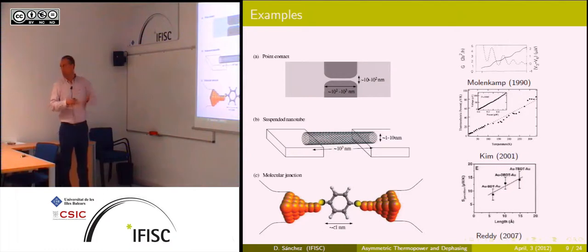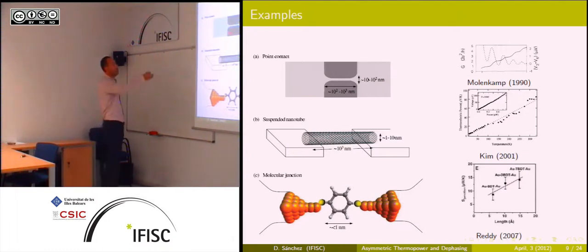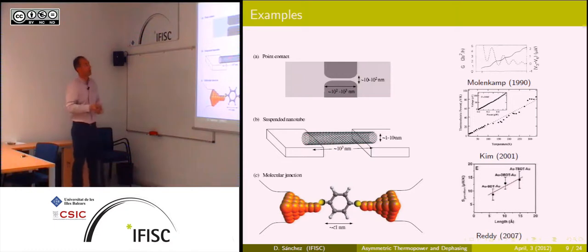So these are examples of systems that we have in mind. For instance, quantum point contacts, which are just two big metals with a small hole between them, like a constriction between two metals. Electrons can flow through these constrictions only if the Fermi wavelength can fit into this small channel. Or you can think of a nanotube, or even molecular junctions.